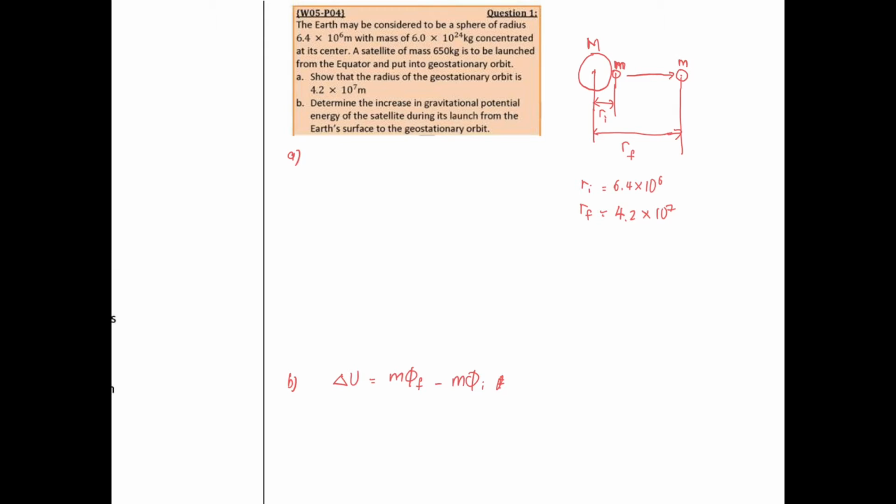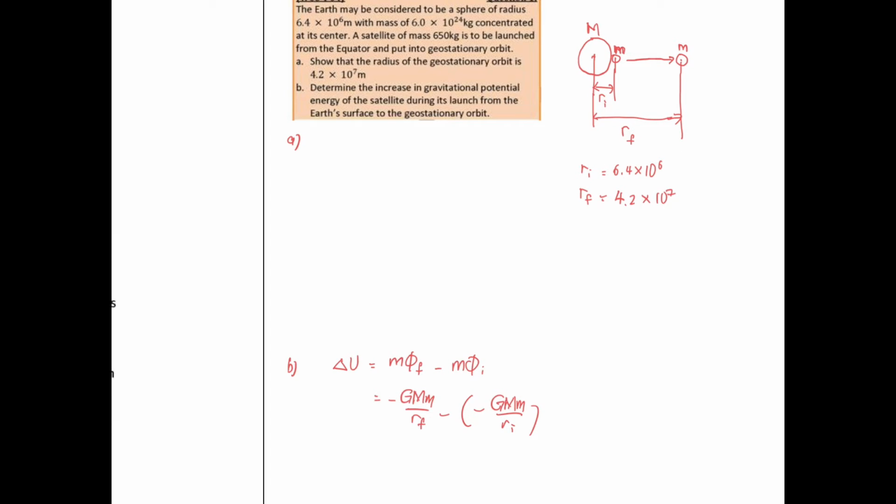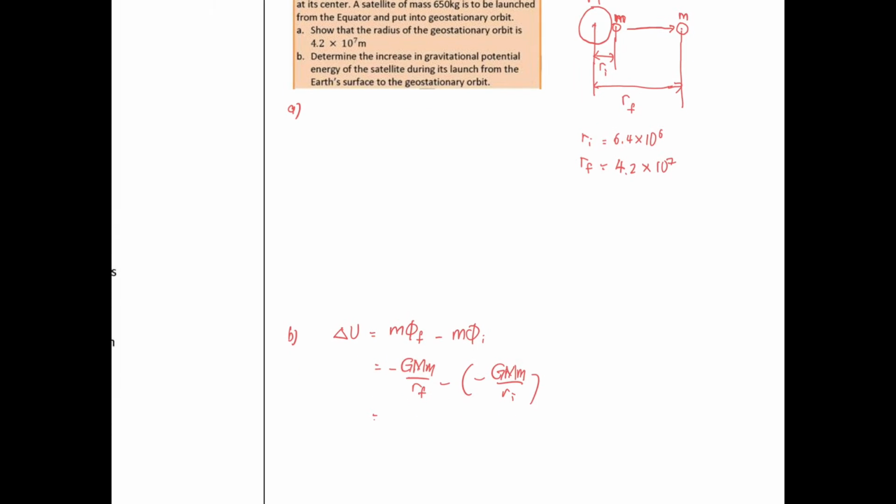So this one, negative GMm over R final minus negative GMm over R initial. Now we substitute with value.